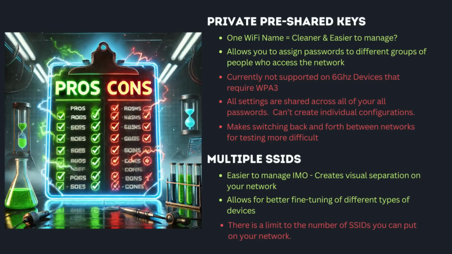And this is what I talked about earlier: depending on the type of equipment that you have might really determine whether or not this is going to work for you. So as it currently stands, November 2024, with Ubiquiti stuff specifically, they are currently not supported on 6 gigahertz devices that require WPA3 for your authentication.